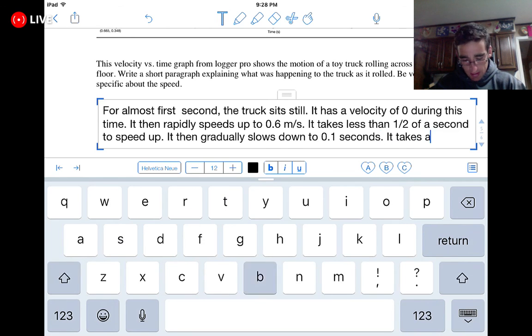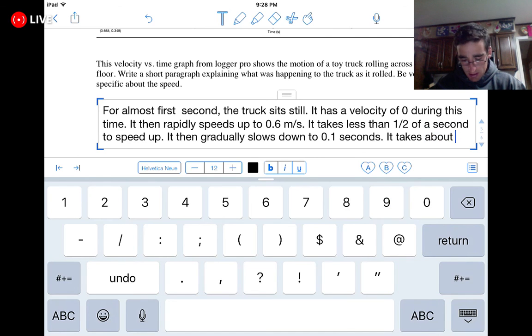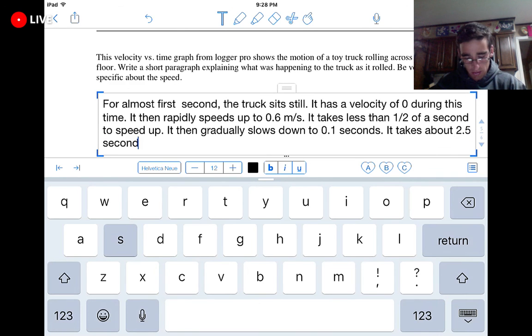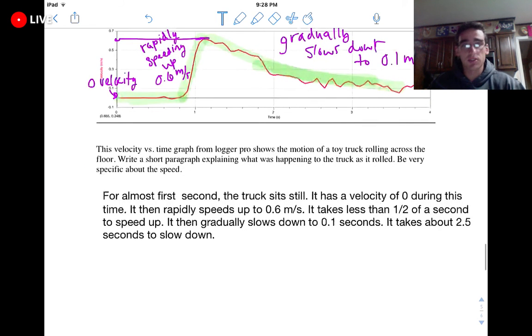It takes about 2.5 seconds to slow down.